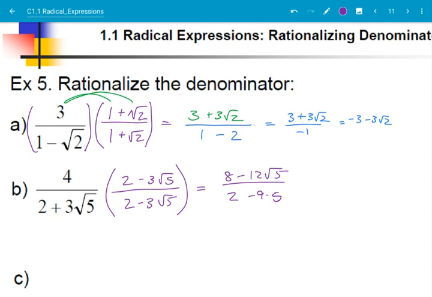Root of 5 times root of 5 is 5. Oh, 2 times 2 is 4. 4 minus 45 is negative 41. There we go.